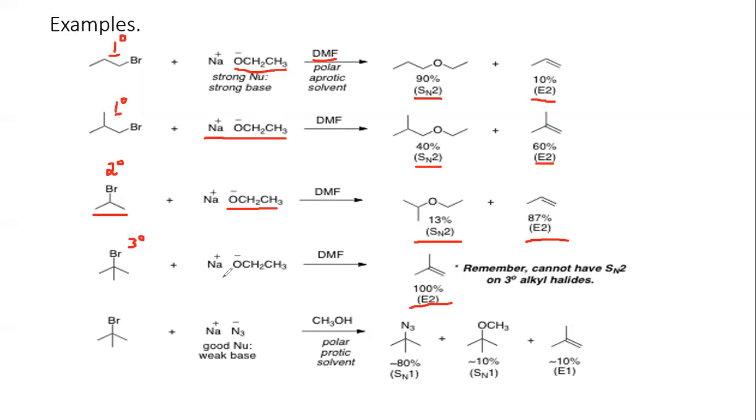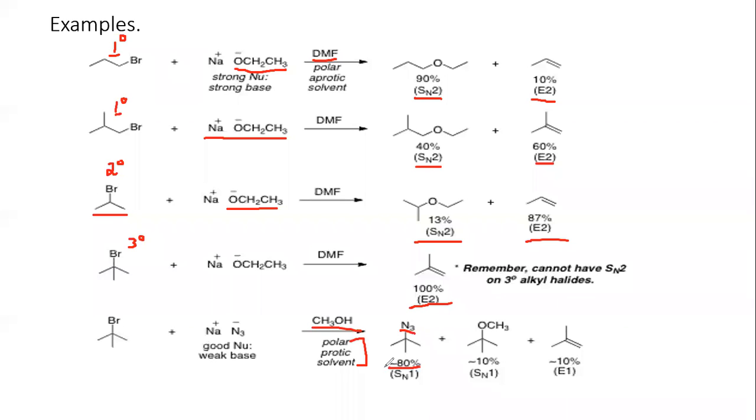Now if we switch from sodium ethoxide and we go to sodium azide, which is a good nucleophile but a weak base, and notice here we change the solvent to methanol, which is a polar protic solvent. Now we get the substitution reaction, which is SN1, which is the majority of what the product is.